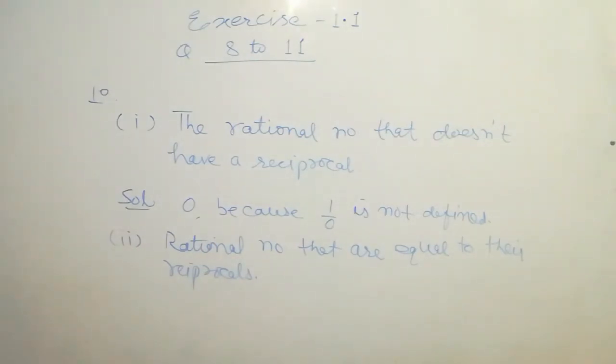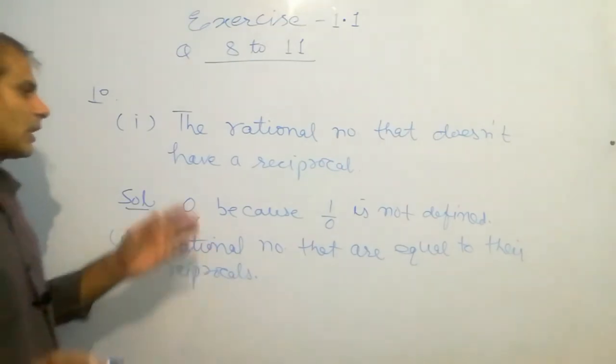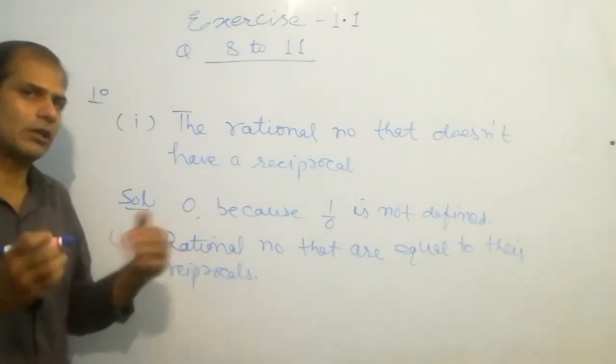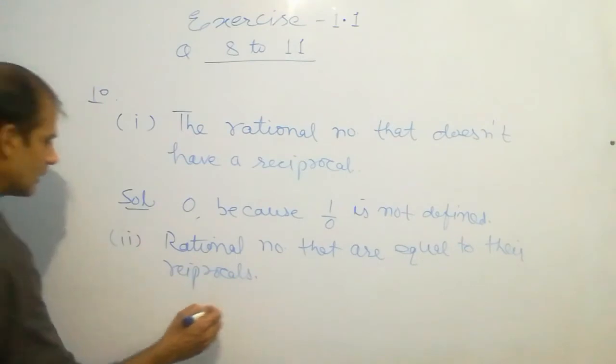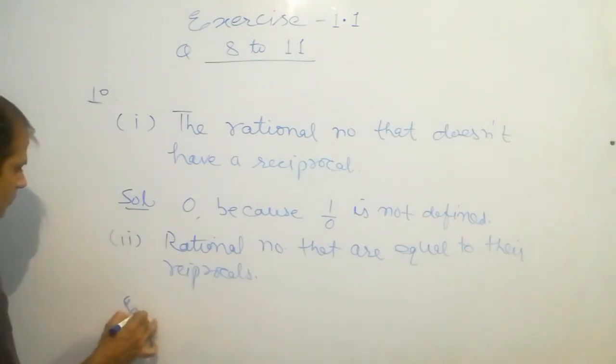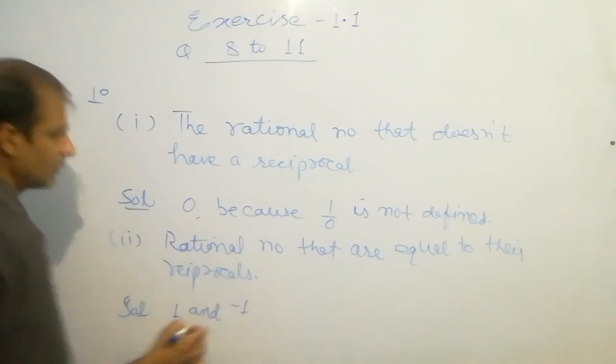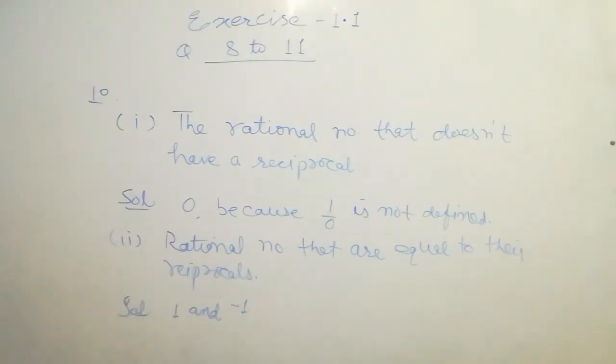There is no other question similar to this question. So rational numbers that are equal to the reciprocal means, is there any number whose reciprocal is equal to that number? The answer is 1 and -1. Why is this so?